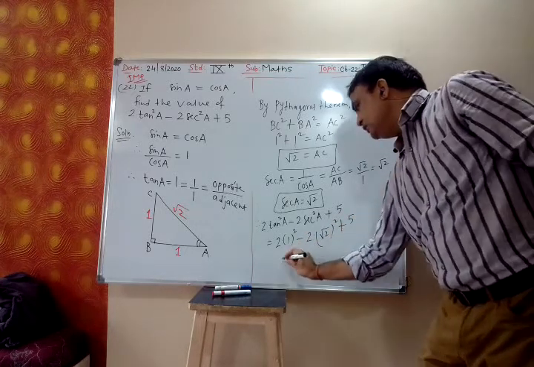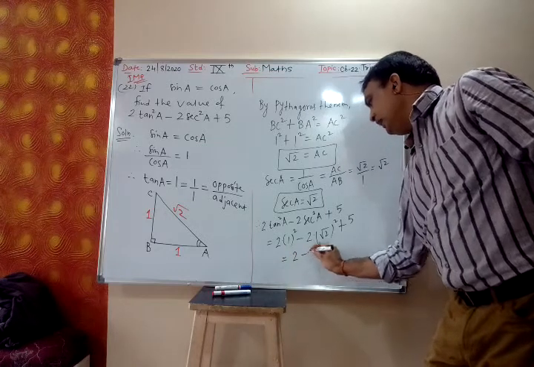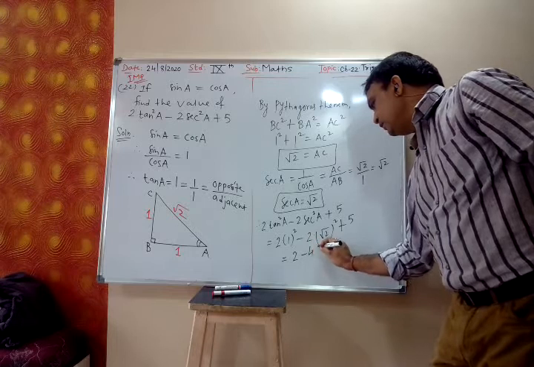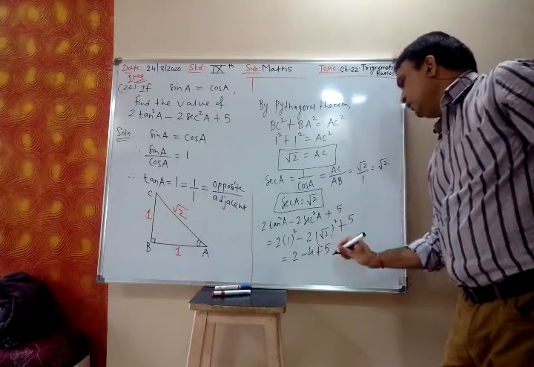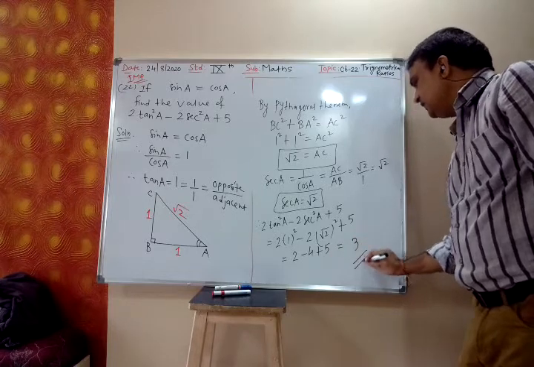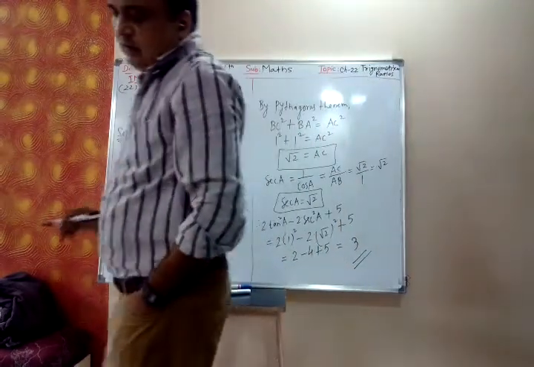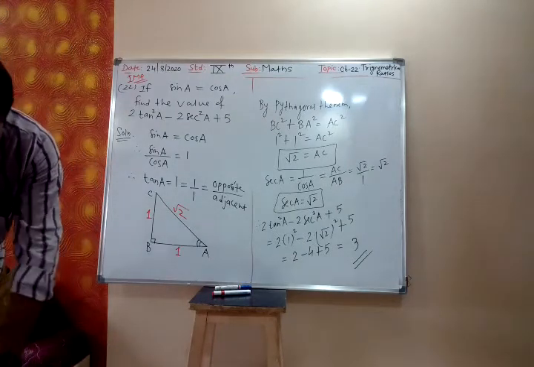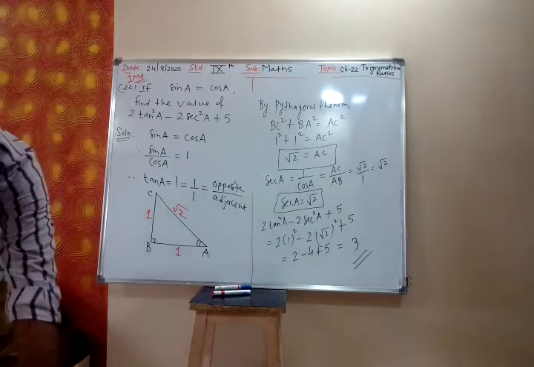So 2 into 1 square is 2, minus 2 into root 2 square is 2, 2 into 2 is 4, plus 5. And that is 3. Answer is 3.